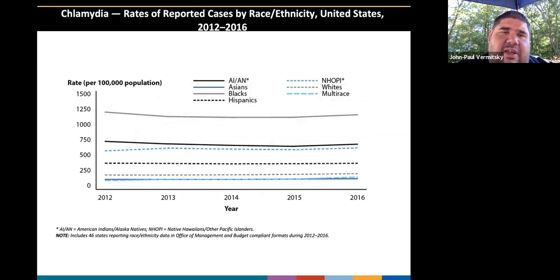The other thing is, and again, with most of these STIs, because these are reportable diseases to the public health departments, we actually do have these nice statistics. The other thing that we typically see with a lot of our bacterial STIs, such as chlamydia, gonorrhea, you'll see this with syphilis, is that there is actually a disproportion in African Americans.